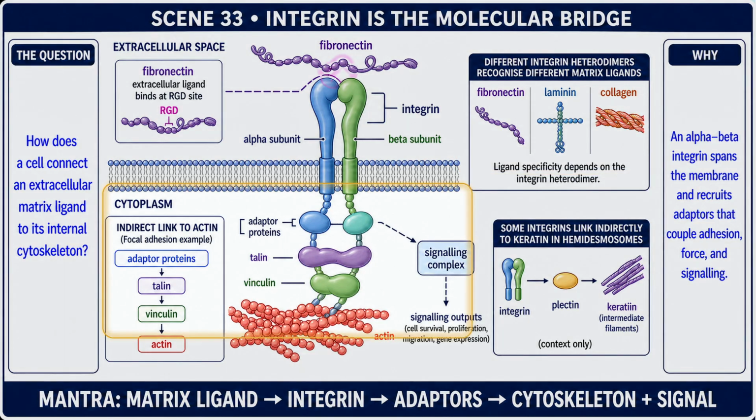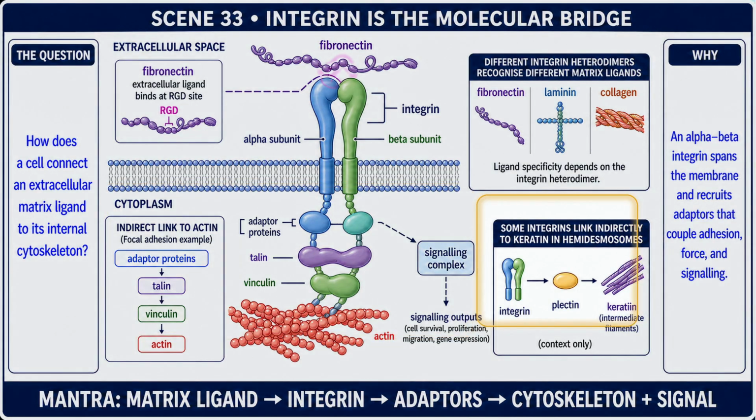Inside the cell, the short cytoplasmic tails do not simply continue as a filament. They recruit adapter proteins. In a focal adhesion, talin and vinculin help connect the integrin complex to actin. The same platform recruits signaling proteins that influence survival, proliferation, migration, and gene expression.